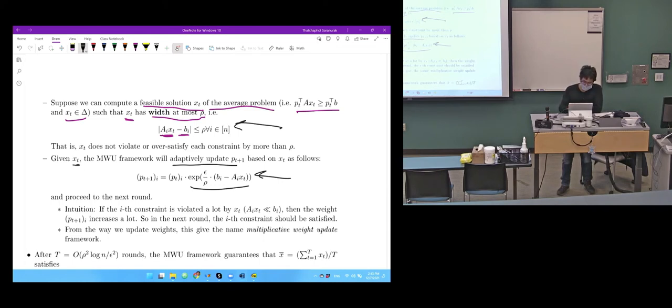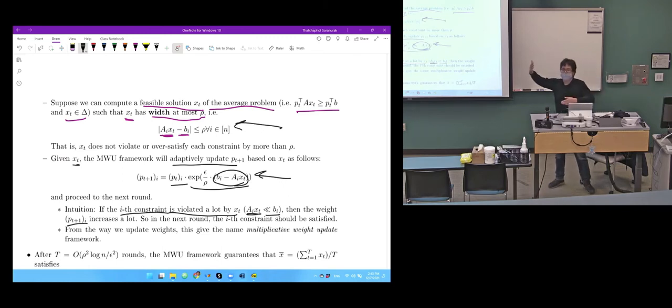The intuition why this makes sense is the following. If the ith constraint is violated a lot in round t, so that this thing is much smaller than b, then this is going to be big, and the weight of the ith constraint will be increased a lot.